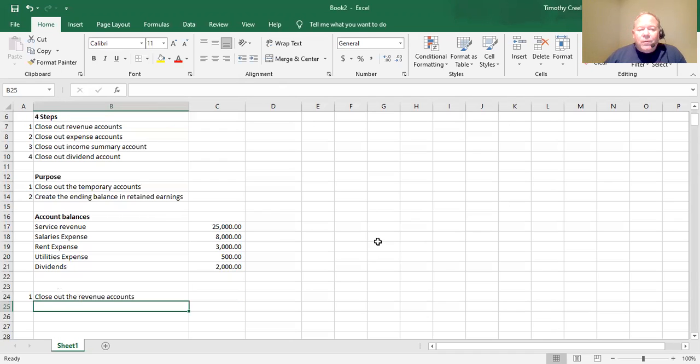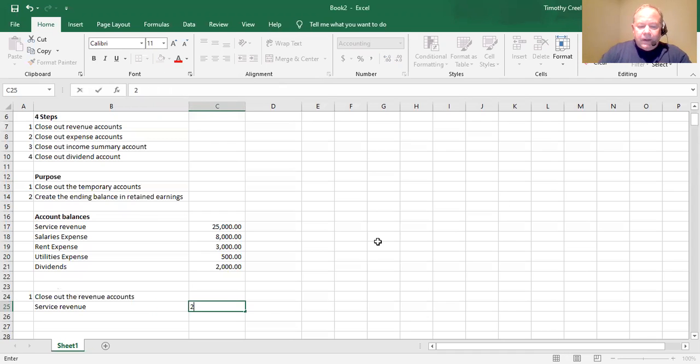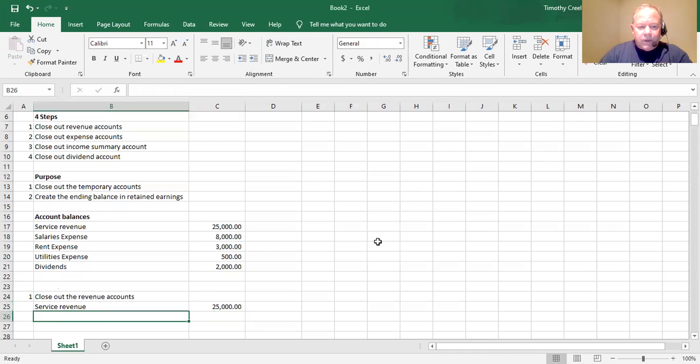Now, the normal balance for a revenue account is a credit. So that means if you want to close a revenue account out to zero, you need to debit that account. So we would debit the service revenue account, and that's going to be for $25,000.